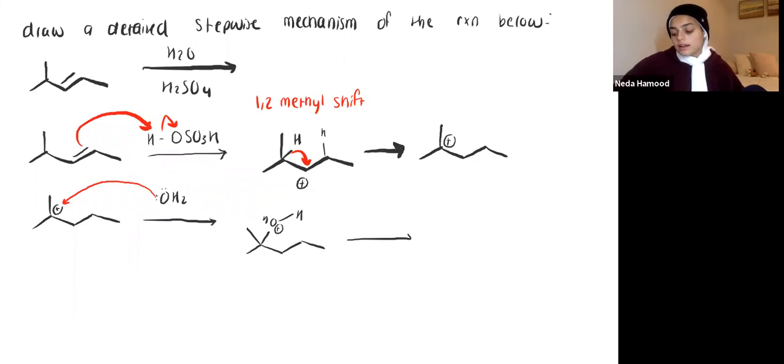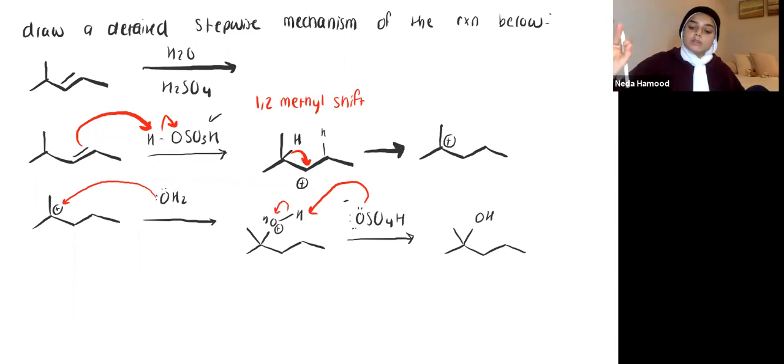And then we have our OSO4H from earlier that we formed right here, and it has a negative charge on it. It can come and attack that hydrogen and take it, because we know that water is a good leaving group, but OH is a bad leaving group. So we're trying to make it into a good leaving group so that we can have a nice neutral molecule, and this is our answer.